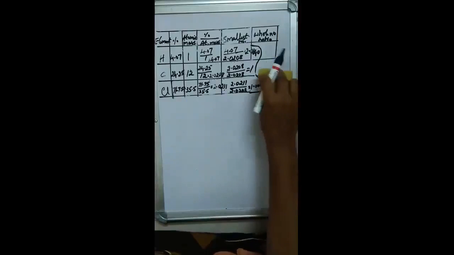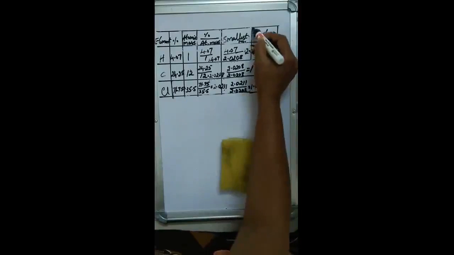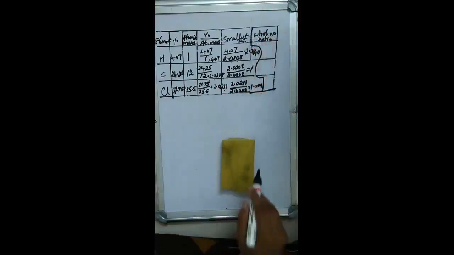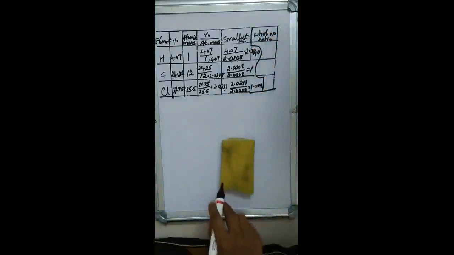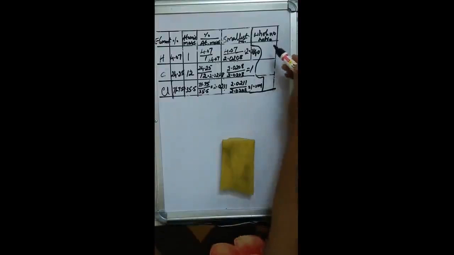Now what is the next column? That is the whole number ratio. Now how to find the whole number ratio? Here you have to convert these digits into a whole number.